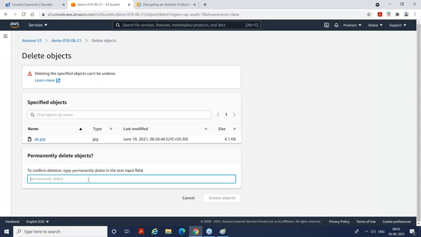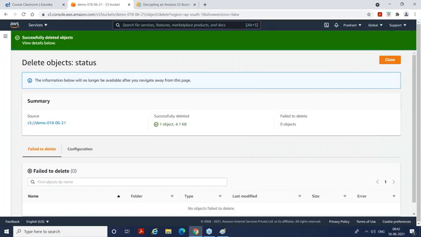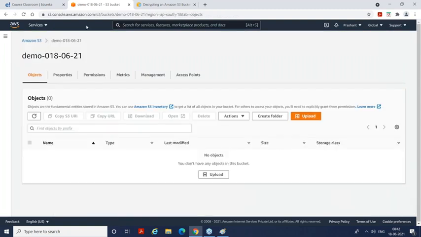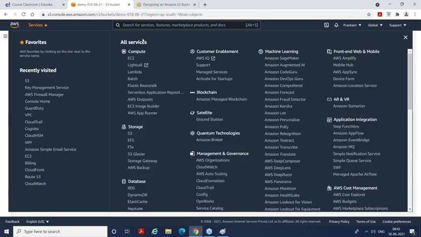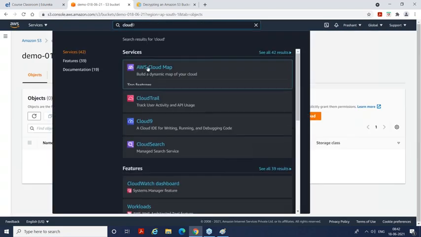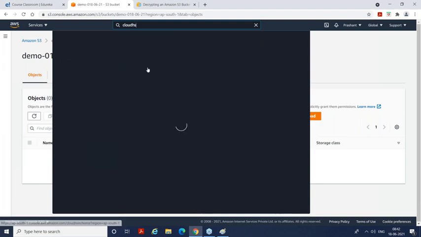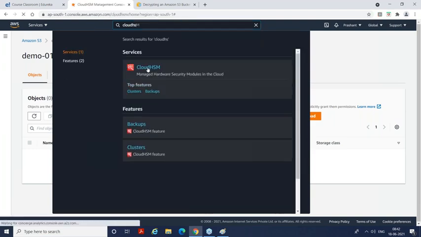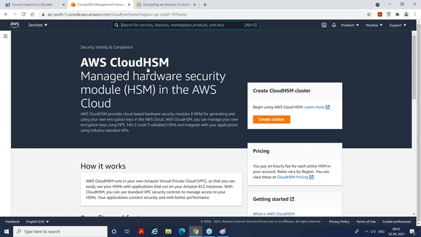Cloud HSM deals with the complete cryptography lifecycle. The other side of Cloud HSM you need to understand is that it is not a managed service, but rather is completely managed by the customer.